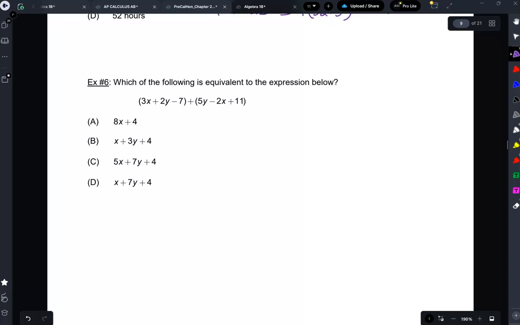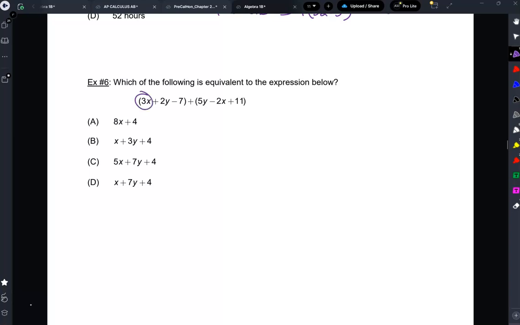Okay, what about this one? What are we going to do here? So this is a plus in between, right?